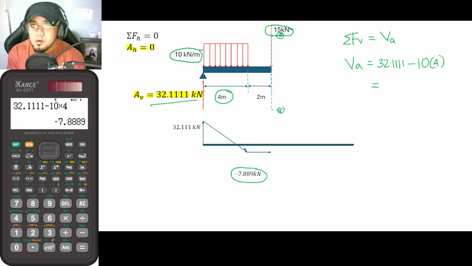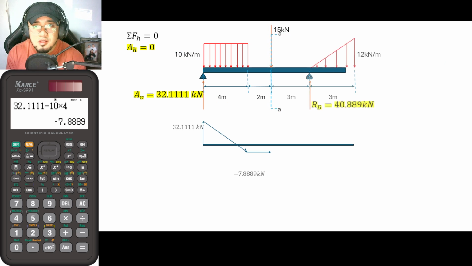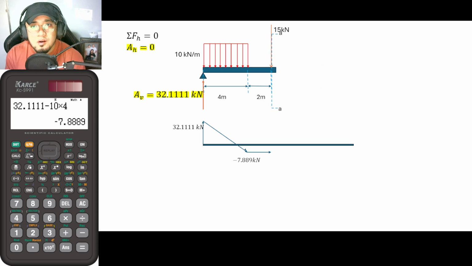Okay? So right now, guys, let us now cut a section a little bit to the right of the 15 kilonewton force, let's say a strand of a hair distance to the right just by a bit. With that, 15 kilonewtons would now be included.